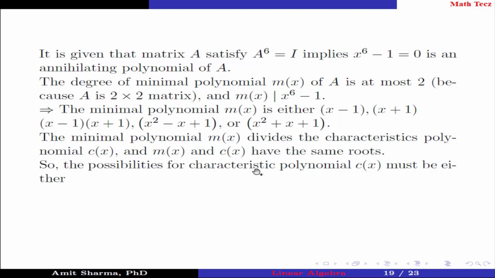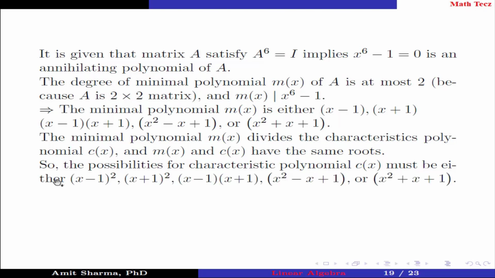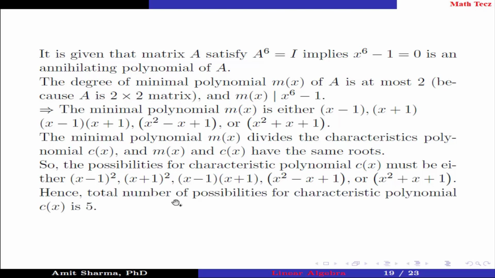So the possibilities for the characteristic polynomial C(x) must be either (x minus 1) square, (x plus 1) square, (x minus 1)(x plus 1), x square minus x plus 1, or x square plus x plus 1. Hence, the total number of possibilities for the characteristic polynomial C(x) is 5.